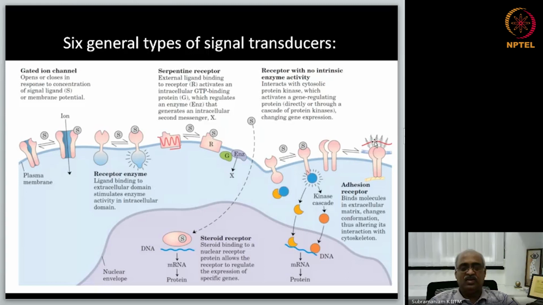Those extracellular matrix molecules, when they bind the ligand, undergo a conformation change. And when they do, they are connected to the cytoskeleton inside and it undergoes changes. And that changes the cellular morphology or function and so on. So these are the 6 different ways by which signal is transduced.